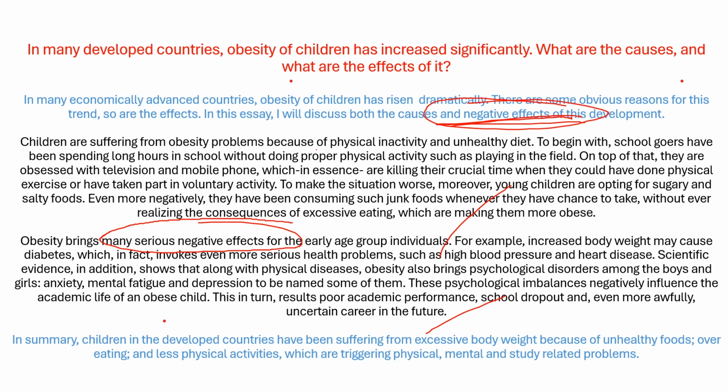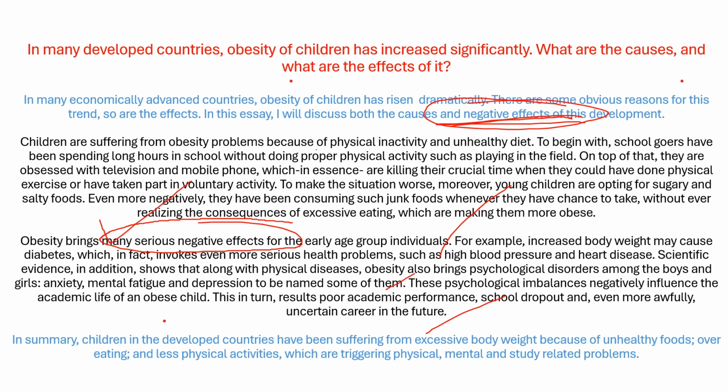Scientific evidence in addition shows that along with physical diseases, obesity also brings psychological disorders among boys and girls: anxiety, mental fatigue, and depression, to name some of them. So obesity causes many problems, psychological and physical, among children. It means it has serious effects on children.